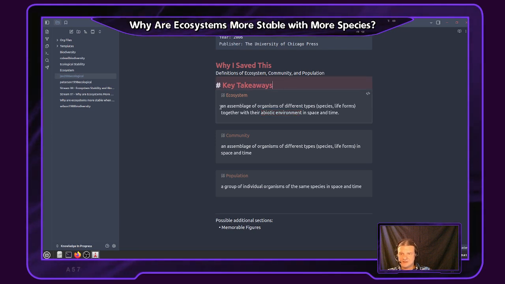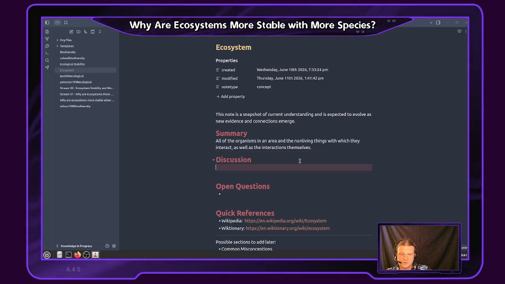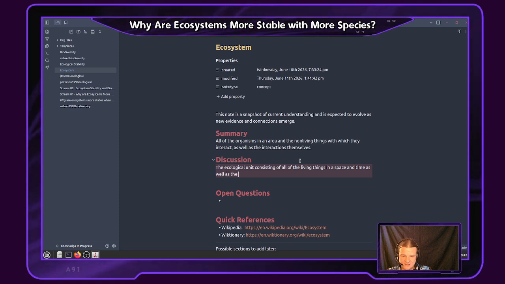So now that we have this, we can go back to our ecosystem, and we'll say in our discussion here something like the ecological unit consisting of all of the living things in a space and time, as well as the non-living components of that space and time.